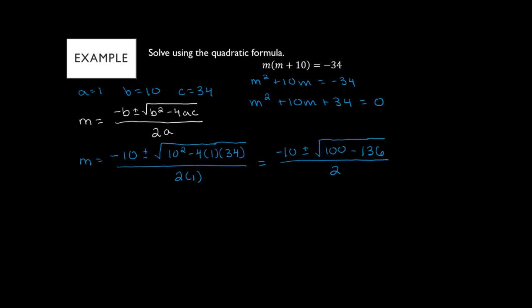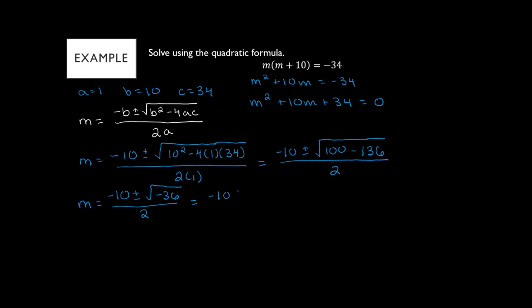So now I need to simplify inside the square root. And again, I need to make sure I'm writing m. M equals negative 10 plus or minus square root. Now 100 minus 136 is going to give me a negative 36 over 2. I'm going to pull out the negative to get an imaginary number.